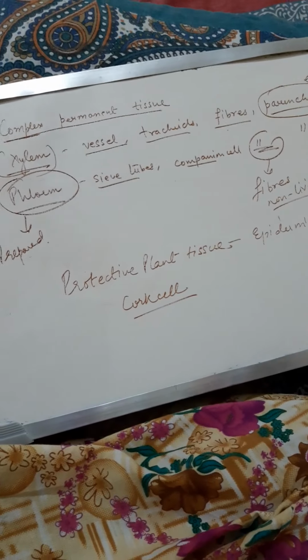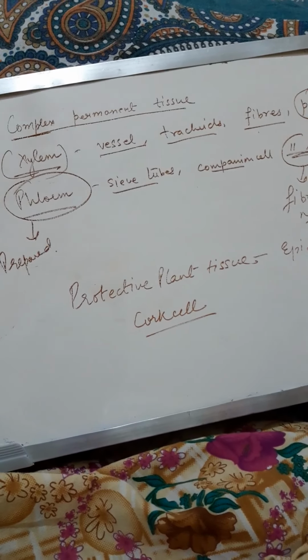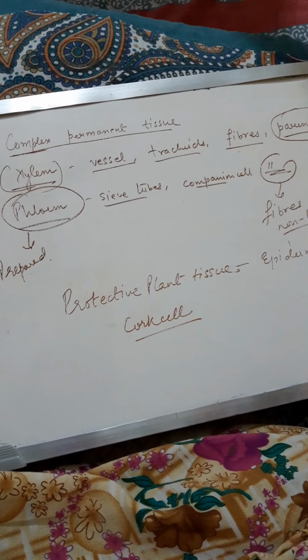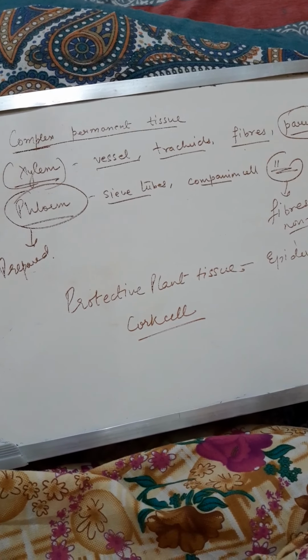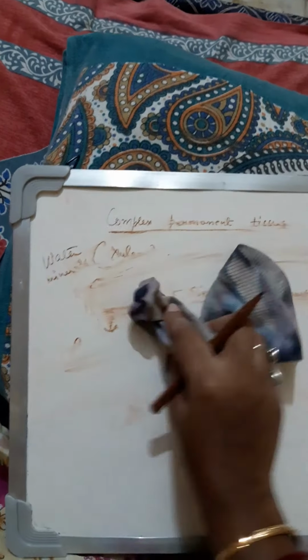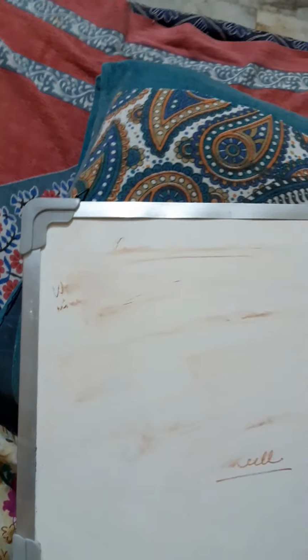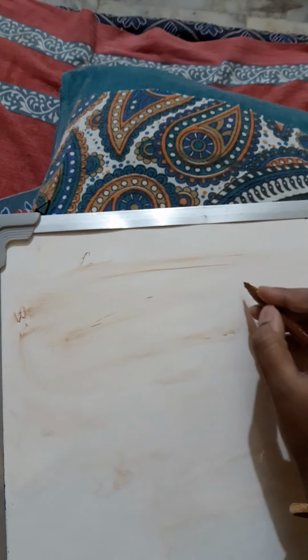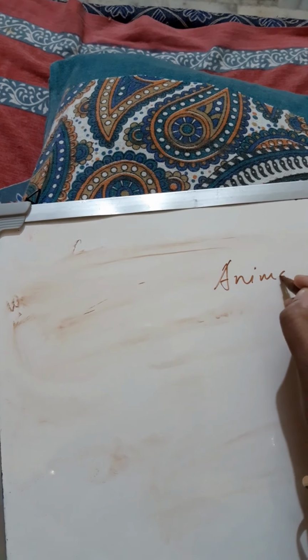Understood? Now, we have studied the plant tissues. The animal tissues are entirely different from the plant tissues. We are going to discuss animal tissue now. We can classify animal tissue into 4 different parts.